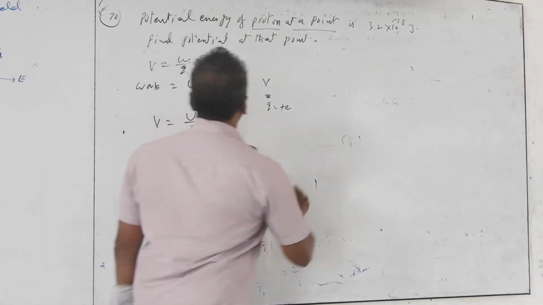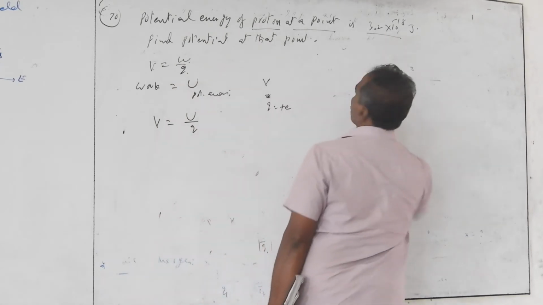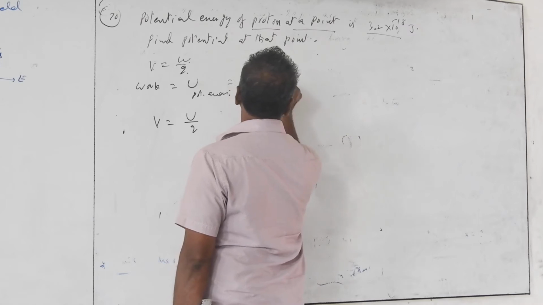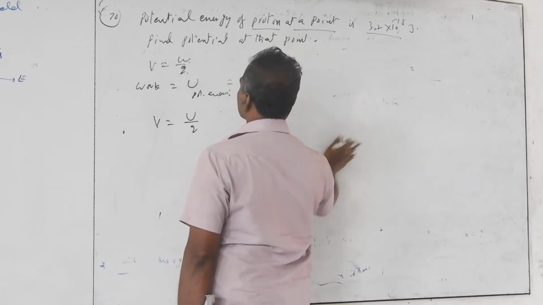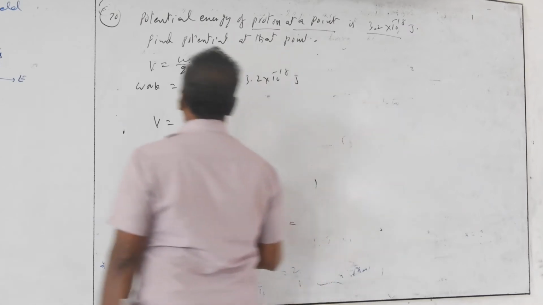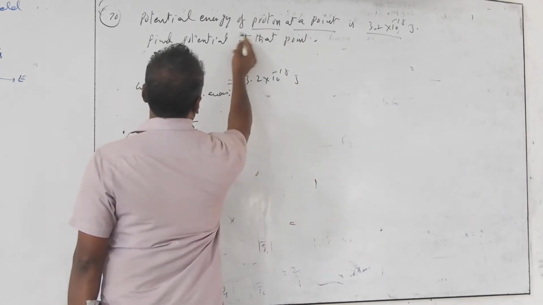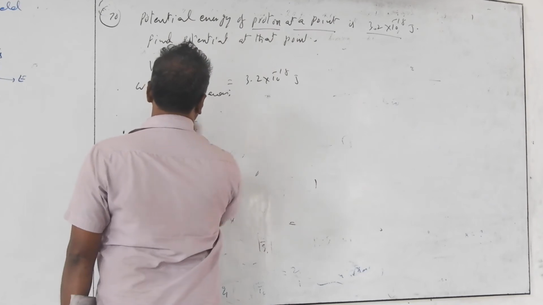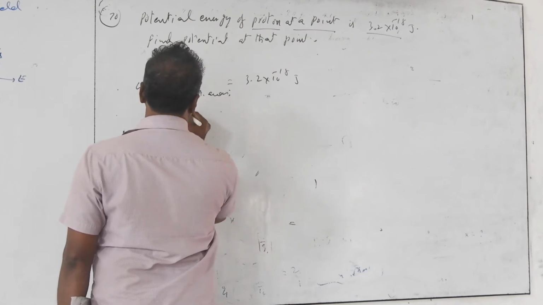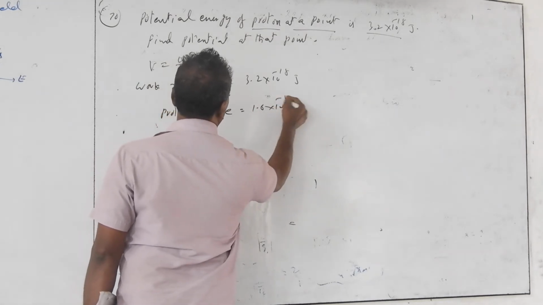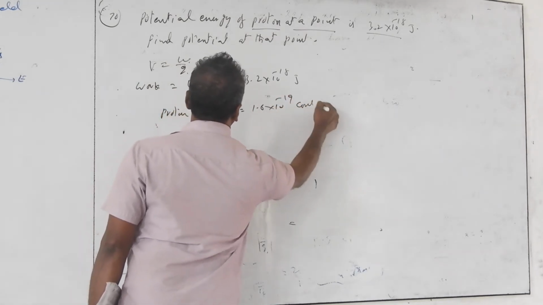You are given the U value: 3.2 times 10 to the power minus 18 joules. The charge you are moving, Q, is the proton charge, plus e, which is 1.6 times 10 to the power minus 19 coulombs.